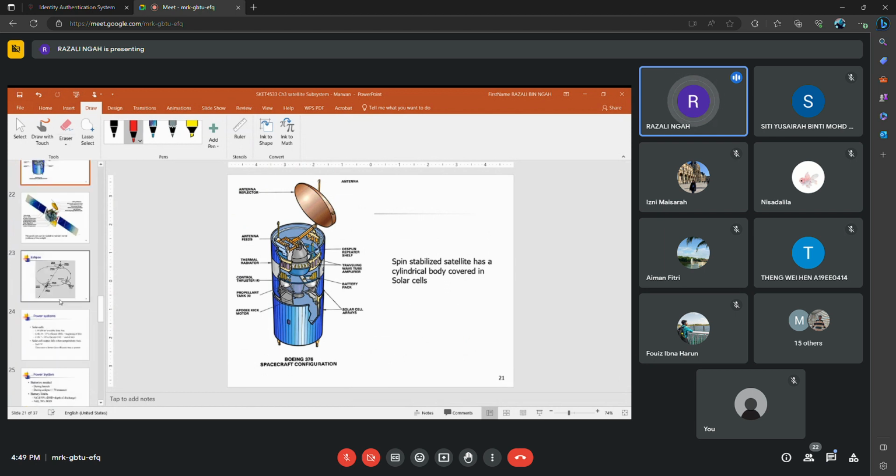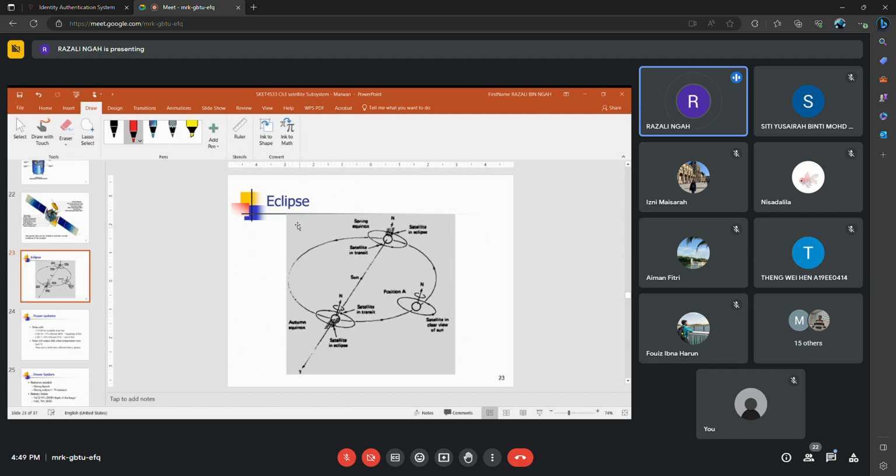But there is an eclipse event. In one year, there are two events where the Earth prevents the sunlight from reaching the satellite.